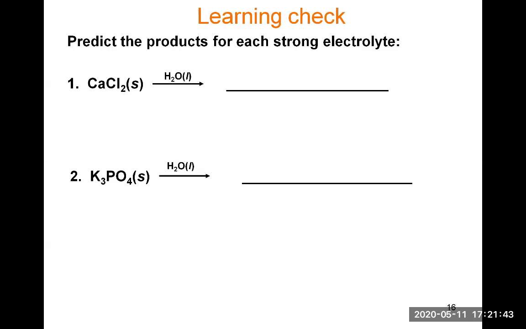And calcium, when it makes an ion, because it's in group 2A, will make the calcium 2 plus ion, right? So you can write that it will dissociate into the calcium 2 plus ion, and the phase for the calcium ion will be aqueous because once it's in water, it's an aqueous solution of calcium ions.